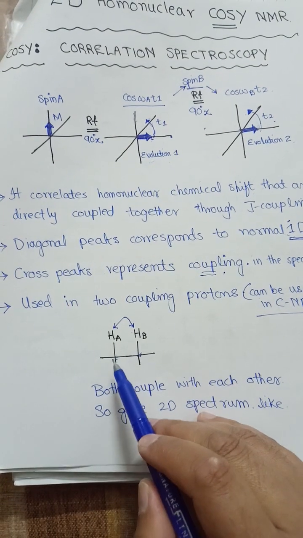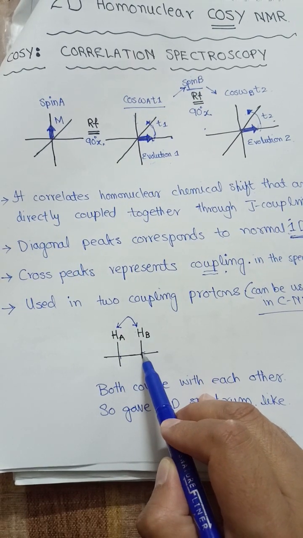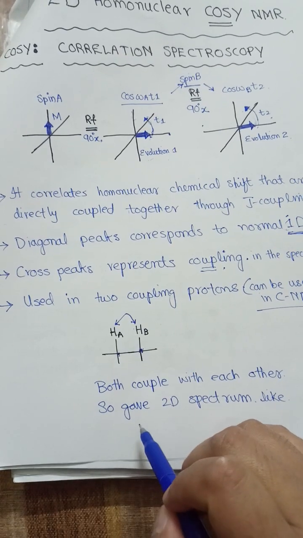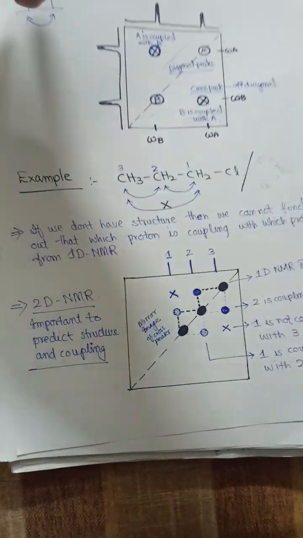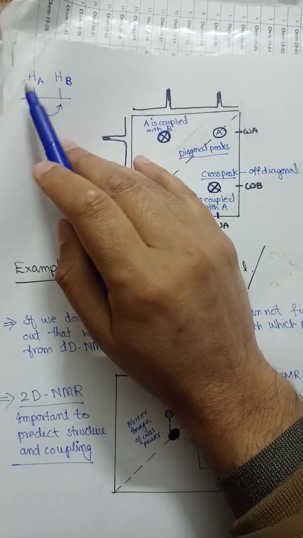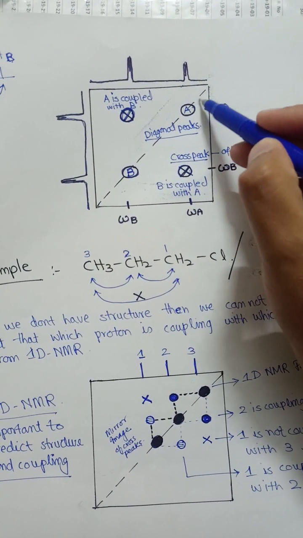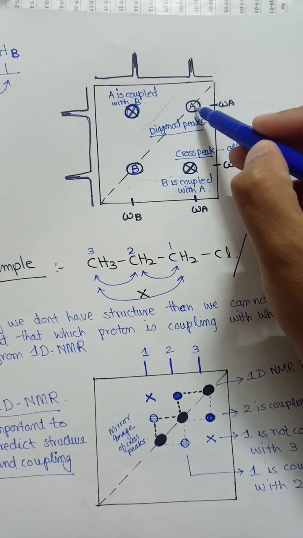Here we are going to discuss an example where proton A is coupled with proton B and they are present on adjacent carbon atoms, so it will give us a 2D spectrum like this. Here we have the 2D spectrum of these two protons which are coupled with each other. When we get the signals or frequencies, we get diagonal peaks.